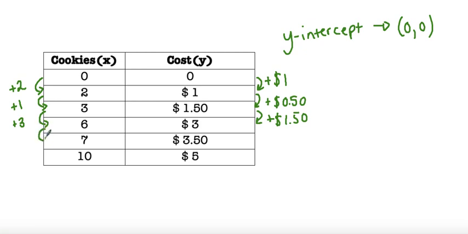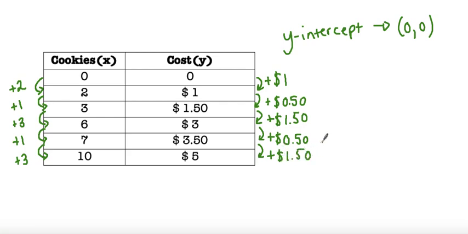From 6 to 7, that increases by 1 cookie, so the increase in cost is 50 cents. And then finally, we have an increase of 3 cookies, and the cost increases by, again, $1.50.